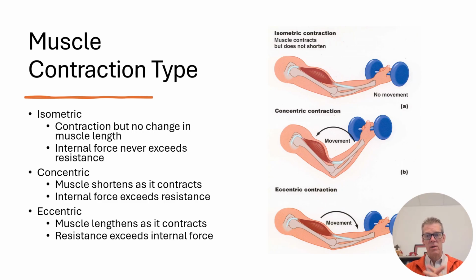It's a contraction where there's internal force being generated, but the muscle is lengthening. So those cross bridges are engaged, actin and myosin are engaged, but they're holding, they're breaking, they're allowing a little bit of lengthening, and they're re-engaging, breaking, re-engaging, and they're allowing that muscle to lengthen at the same time, continuing to keep tension in that muscle.